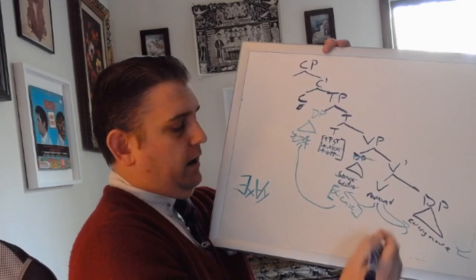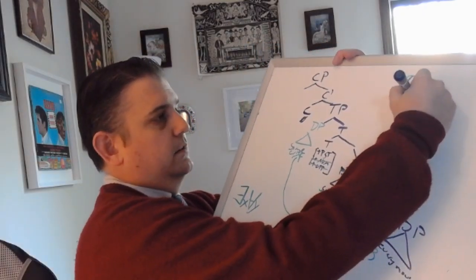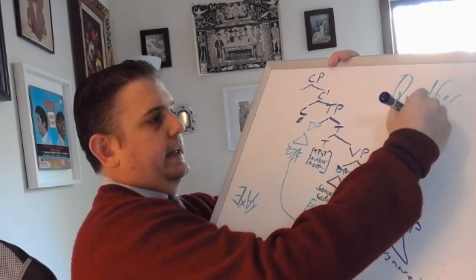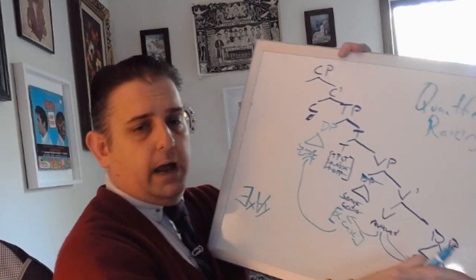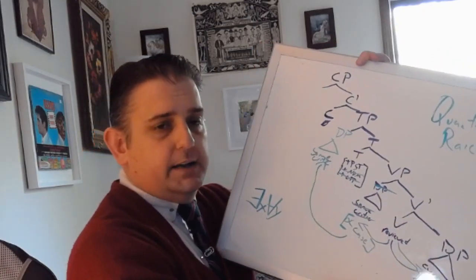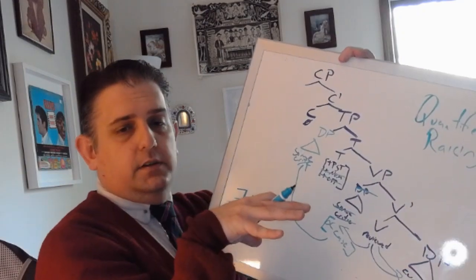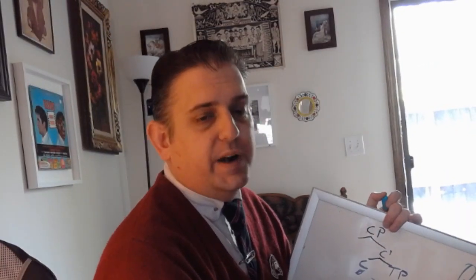So here we have, and we're going to call this quantifier raising. If the interpretation requires us to grab a quantifier phrase and move it to a higher position, we can do this. But we do this at LF. We don't pronounce this.